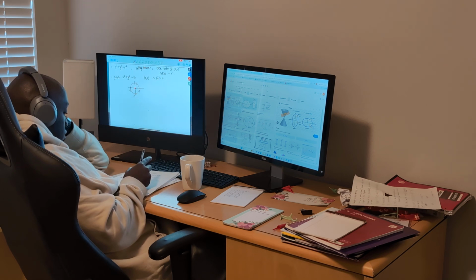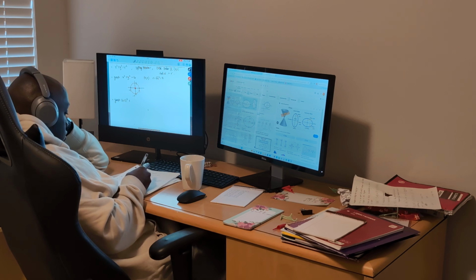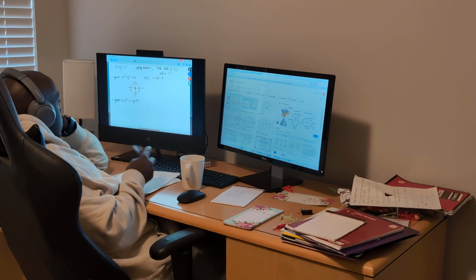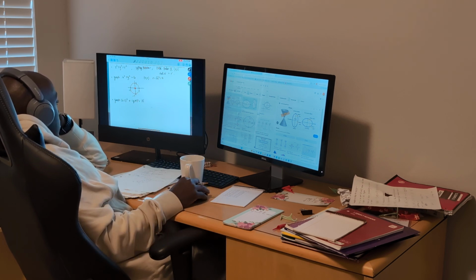Excellent. Now, the next step from that is a circle that's been translated. So perhaps something like this. Can we graph x minus 2 squared plus y plus 4 squared is equal to, let's say, 25?